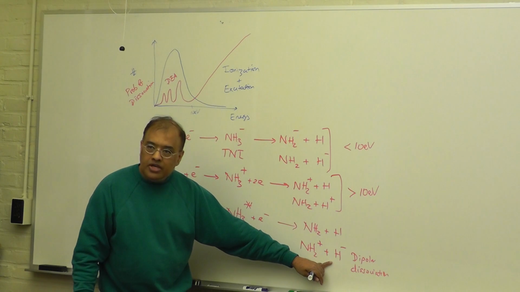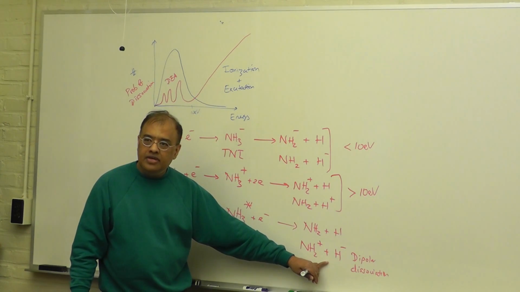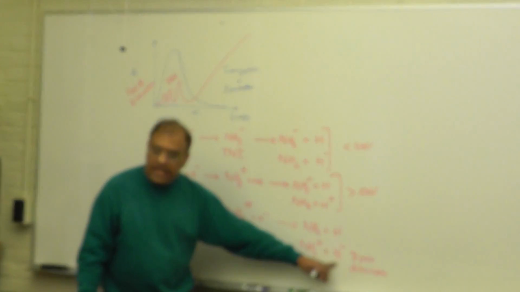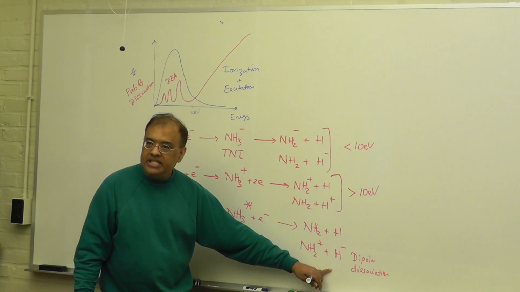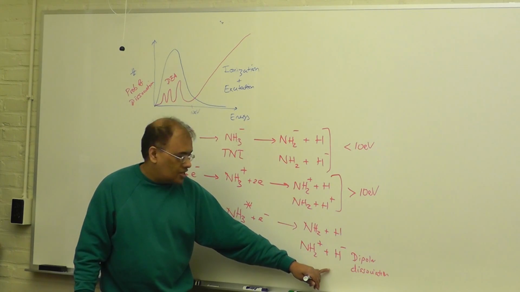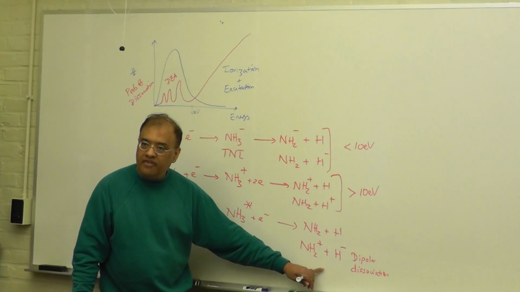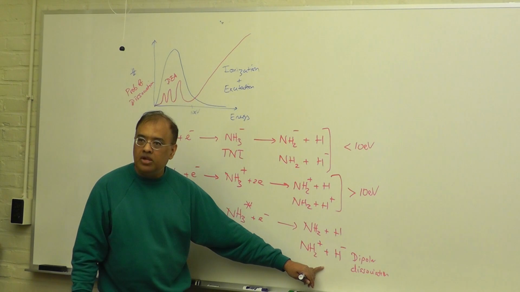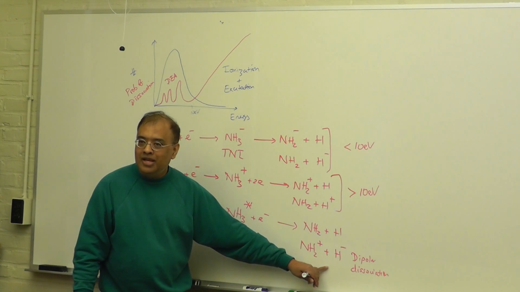To the best of my knowledge, nobody has really ever detected positive ions and negative ions in a single experiment for any molecule that shows conclusively that this mechanism is a viable mechanism for dissociating a molecule. So down the road, maybe this summer, we're going to look at dipolar dissociation.